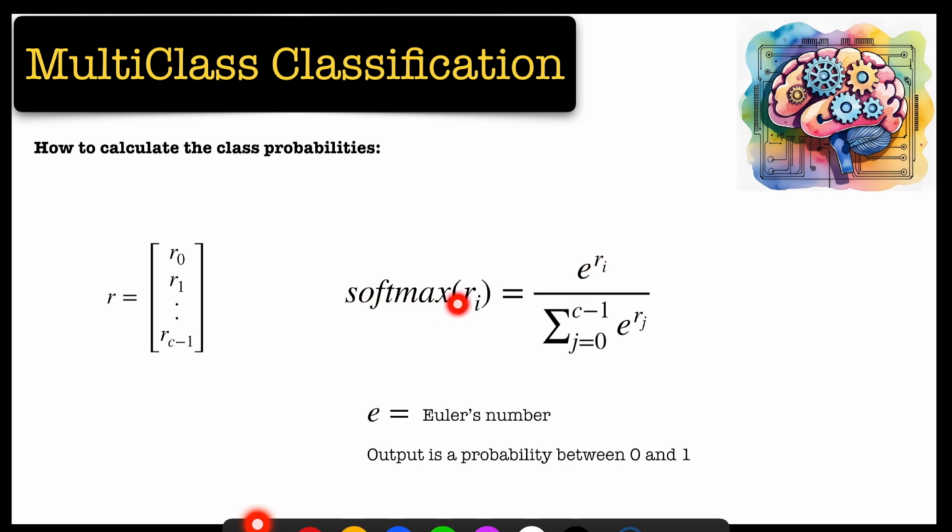So for softmax, Ri is computed using this formula. Here e is Euler's number, and this output will be the probability, between 0 and 1. So softmax of Ri gives the probability of any of the classes.